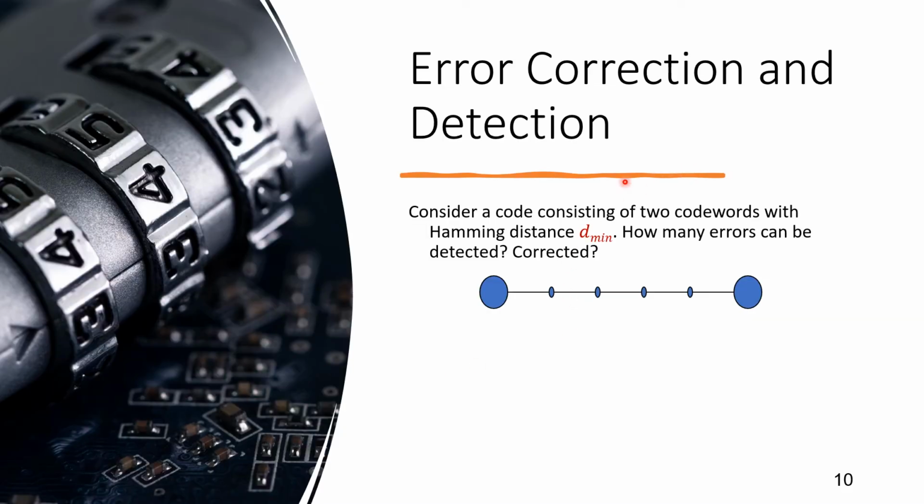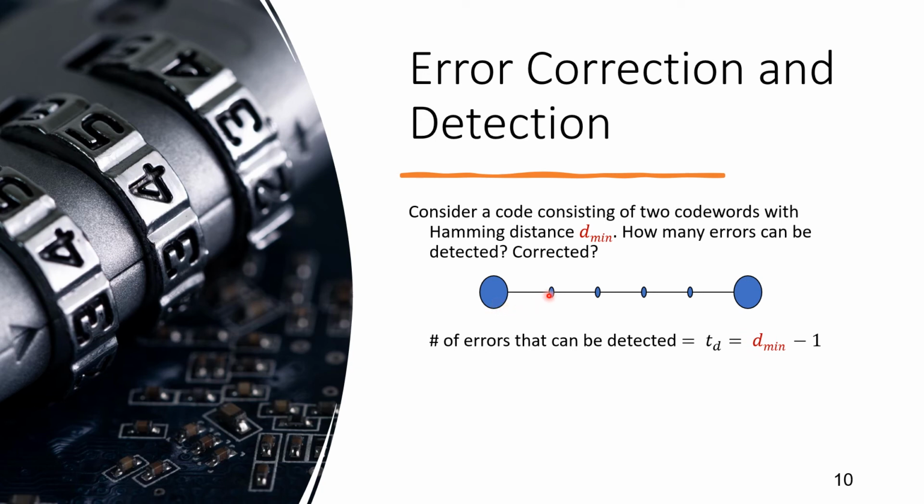Error correcting and detection. Consider a code consisting of 2 code words with Hamming distance dmin. How many errors can this code correct? Let's say that we have 2 valid code words, and this is the distance 1, 2, 3, 4. Visually, we can see that the number of errors that can be detected is dmin minus 1.